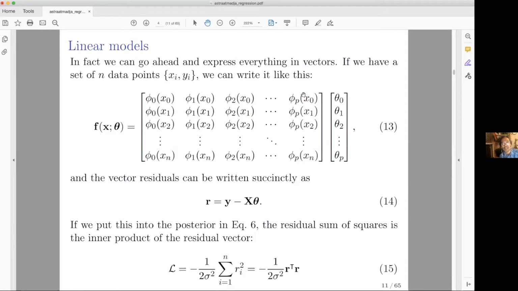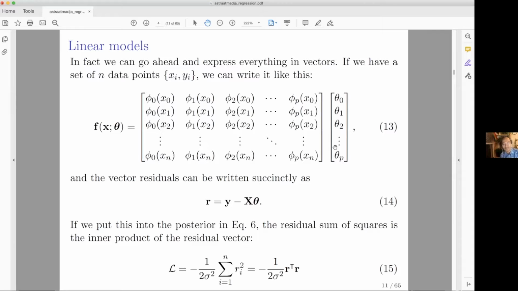As you can see, look at the indices. Going vertically, it goes from 0 to n; that's for the whole data set. And if you go across, that's for the basis functions. And we multiply again by this vector.